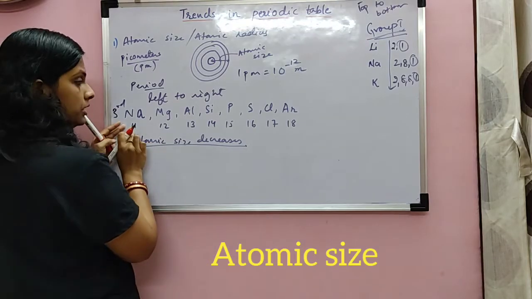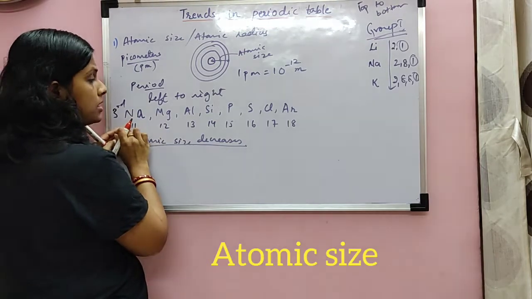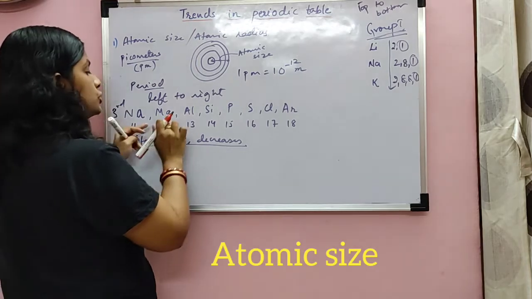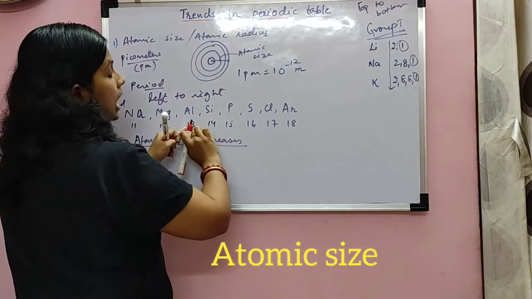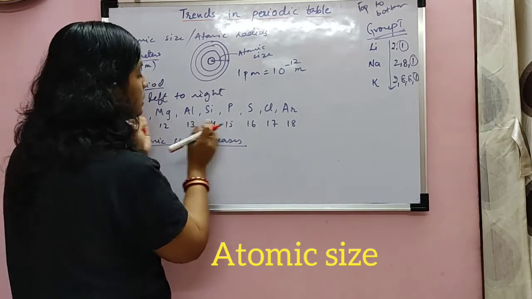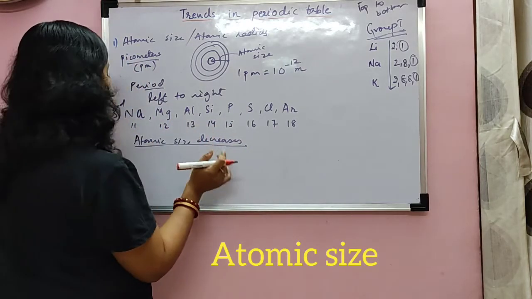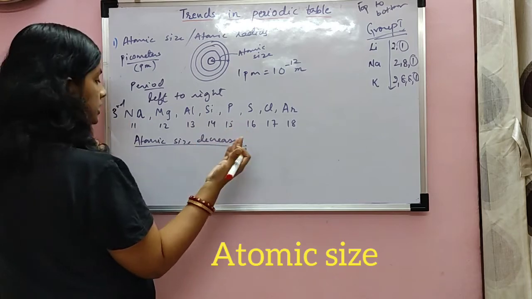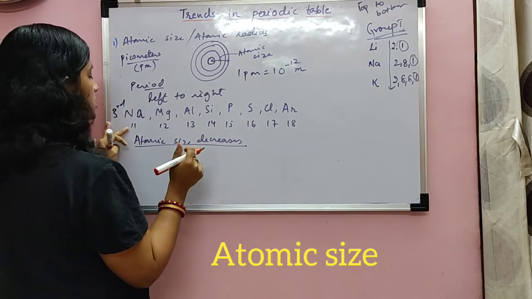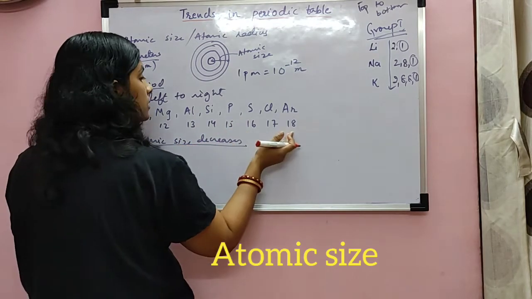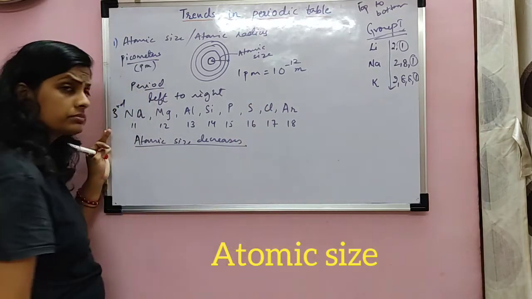So sodium has a bigger atomic size compared to magnesium. Magnesium is bigger than aluminium, and aluminium is bigger than silicon. So as we proceed from left to right, the atomic size is decreasing. When I compare which one is the biggest and which is the smallest, we can say sodium is the biggest and chlorine is the smallest.